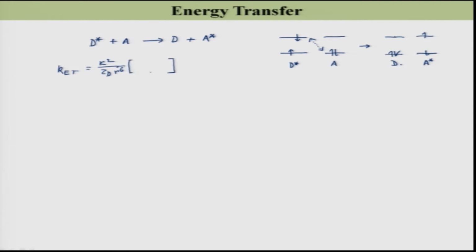And I said that here r is equal to the distance between donor and acceptor, tau d is the donor lifetime, and kappa square is my orientation factor.